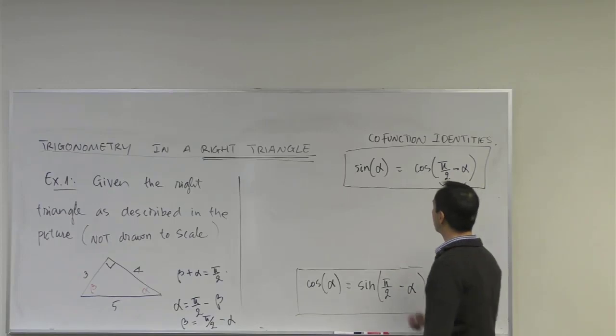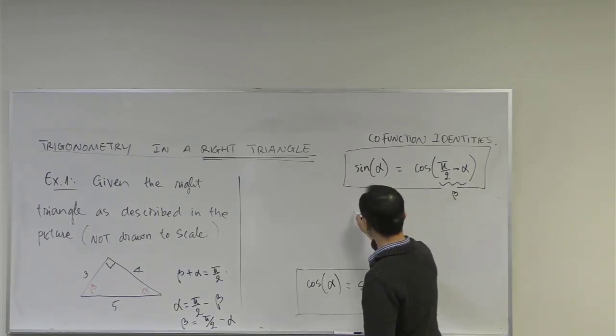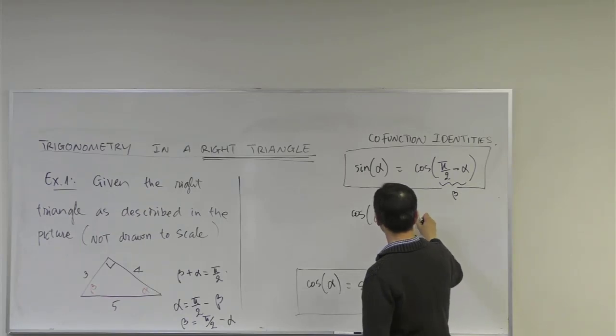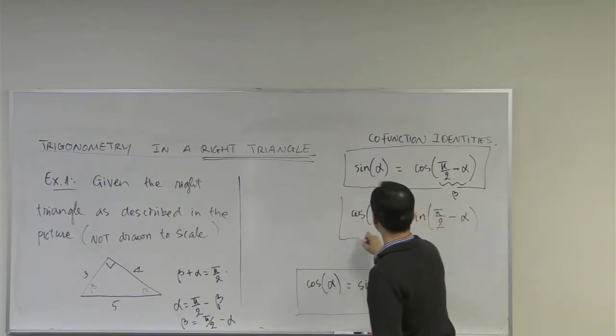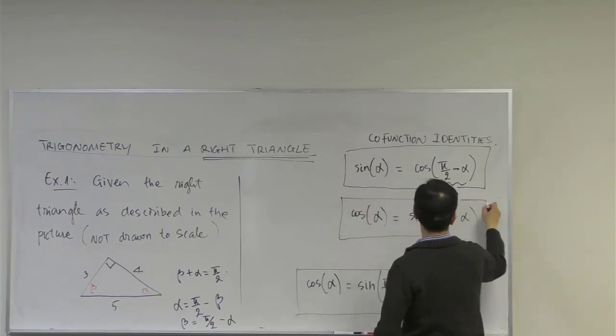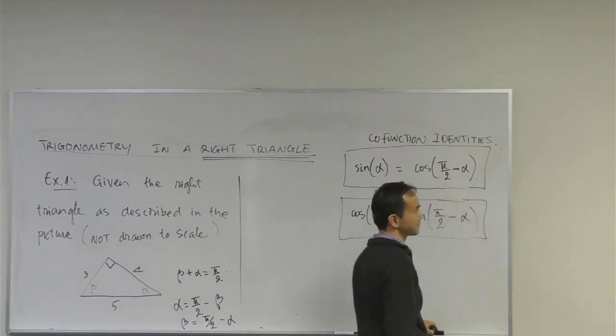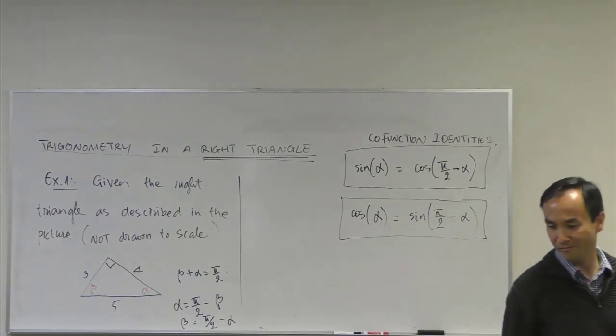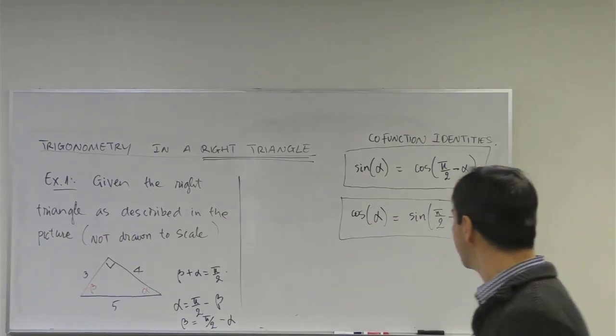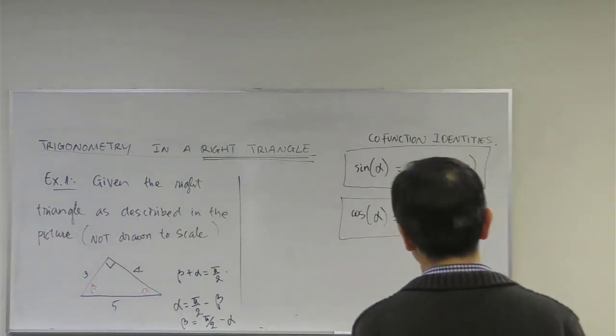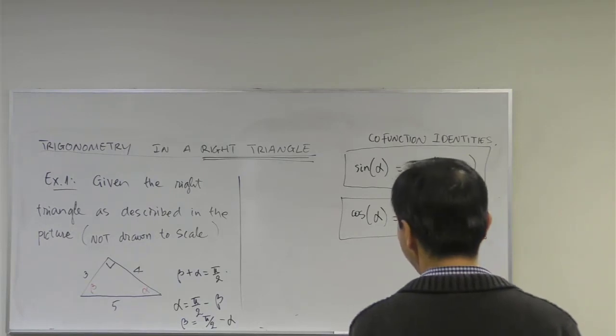So we found two co-function identities. Cosine of any angle equals sine of pi over 2 minus the same angle. Those co-function identities will become useful at some point later on.